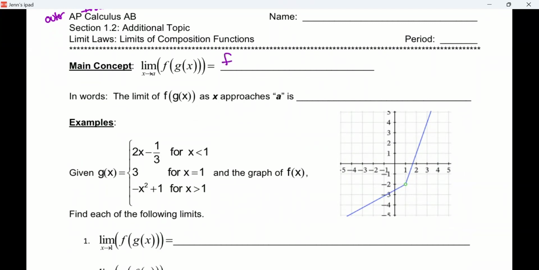So we're going to start by taking the outer function f, and I'm going to start by finding the limit as x approaches a of that inner function, the limit as x approaches a of g of x. Now, after you find the limit, you have to ask yourself, is f continuous at the limit of the inner function?